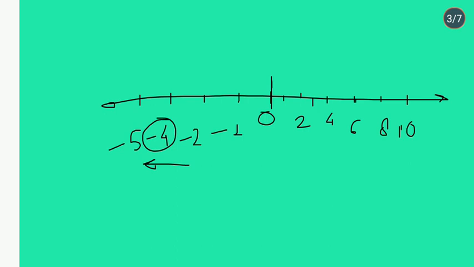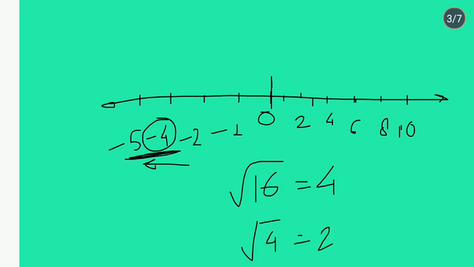Just see, under root of 16 will become 4, under root of 4 becomes 2. So the square root of any number is always positive. This square root cannot be negative.